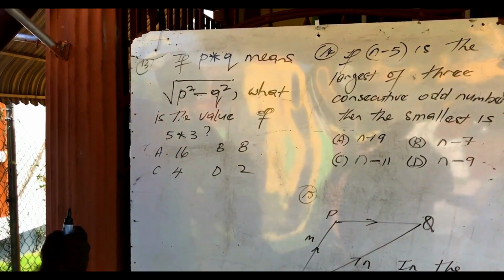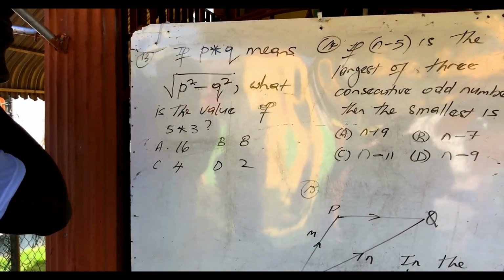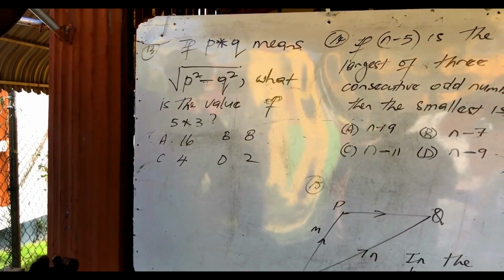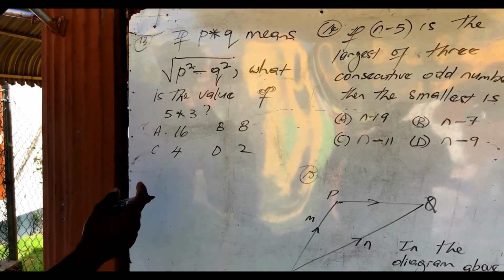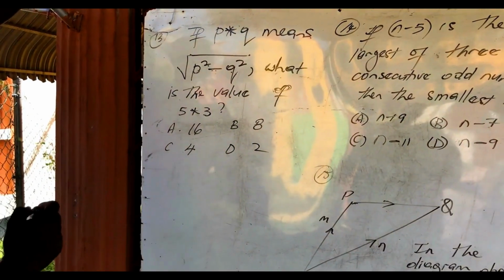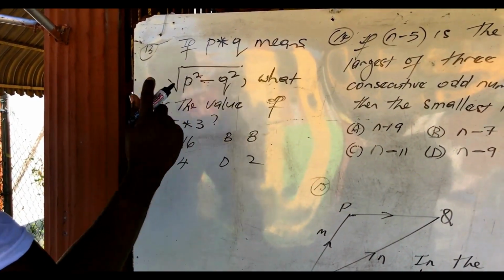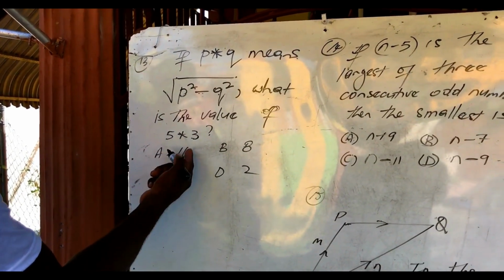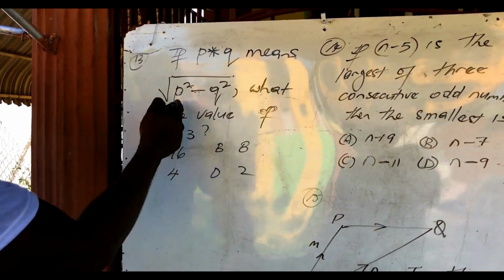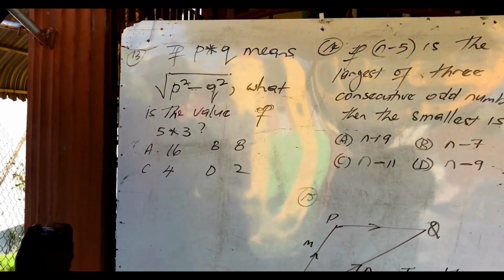Now this question comes under the topic binary operations, in which you use two numbers to produce a third number by simply substituting the values for those two numbers into a given expression. So this is a given expression that you actually get.